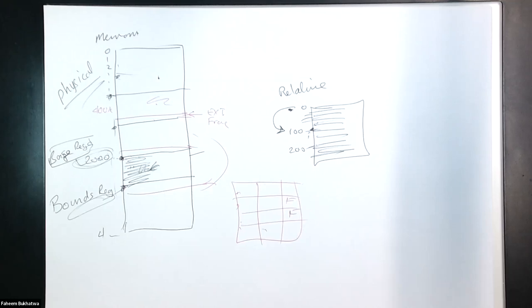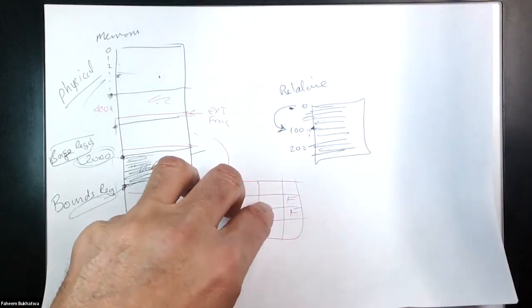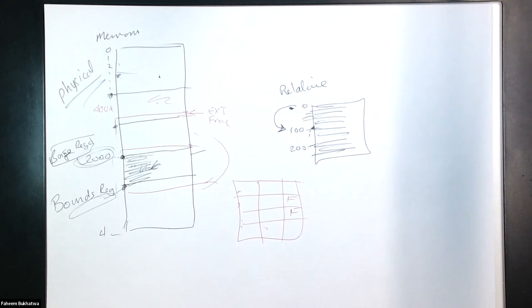All right. Well, let's just finish this last bit. Compaction. What's a compaction function? It reclaims all the fragments, the external fragments. How does it do it?